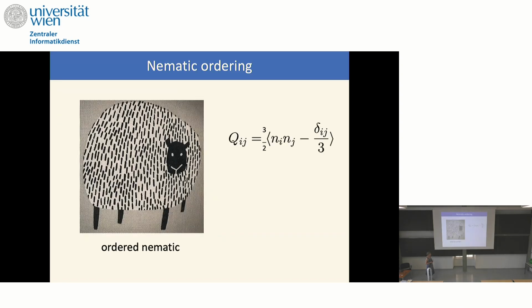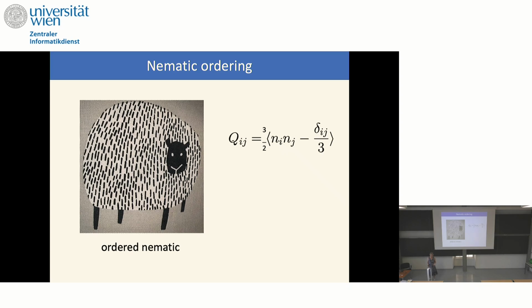Okay, so let's start with a nematic. I think we all know what a nematic is. A nematic is something which has this special nematic symmetry. It has a special direction, but up and down are the same. Things tend to line up with each other. And this is going to be the order parameter that I use to describe this nematic symmetry.